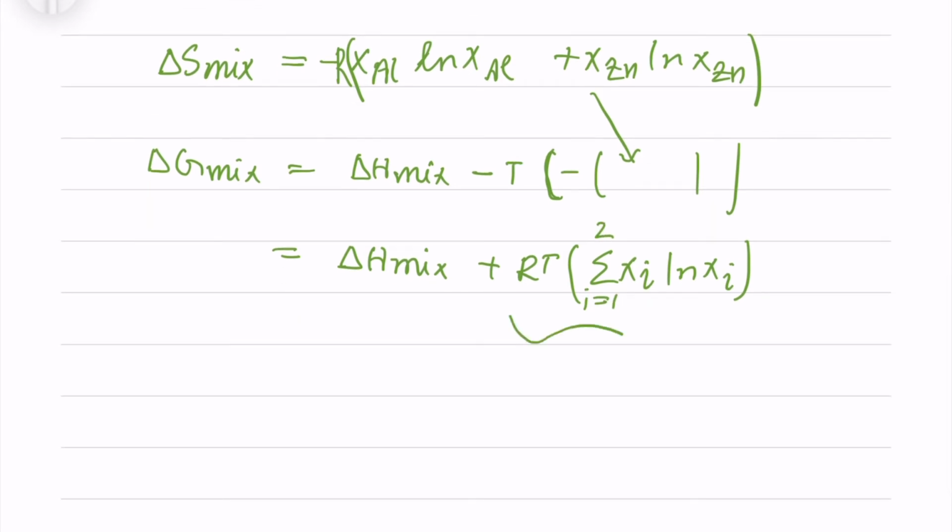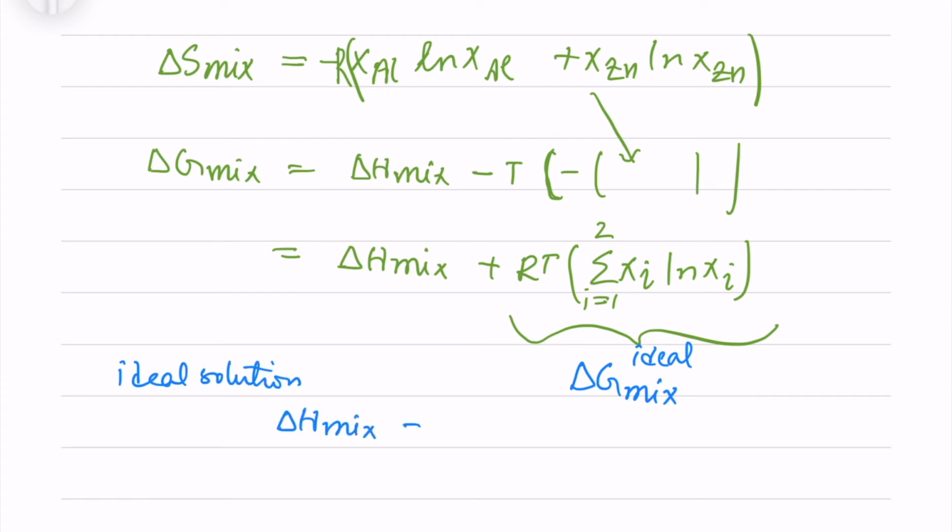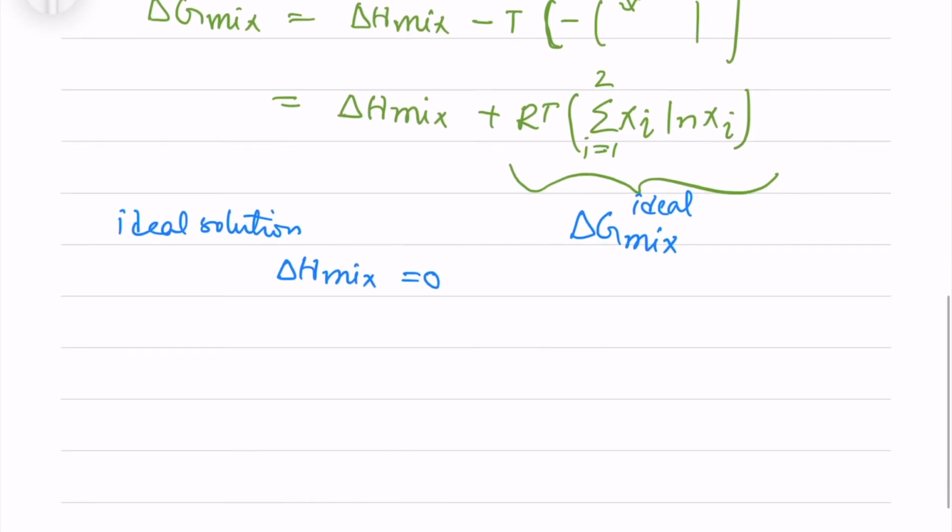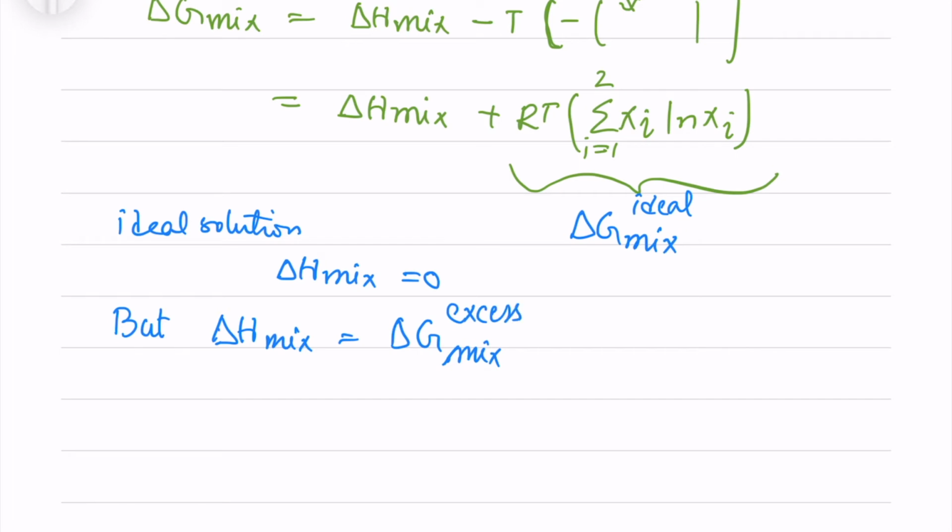So this term is called the delta G mix of ideal term, because for ideal solution delta H mix equals 0, but here we should note that delta H mix equals the excess term which is given in the question.